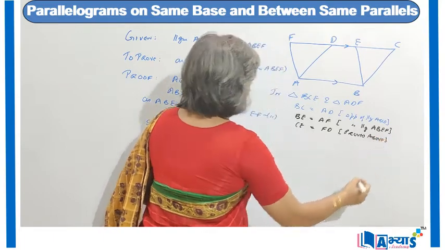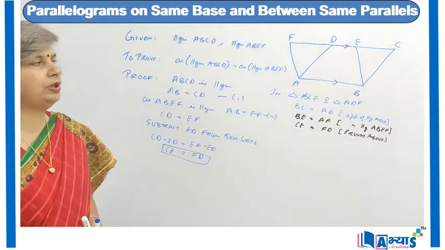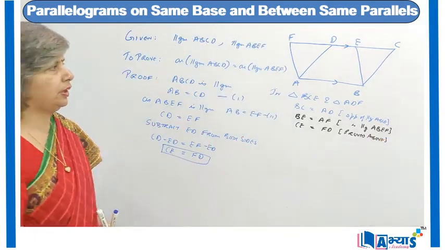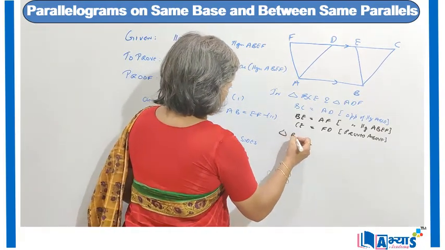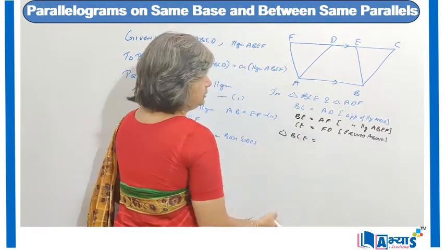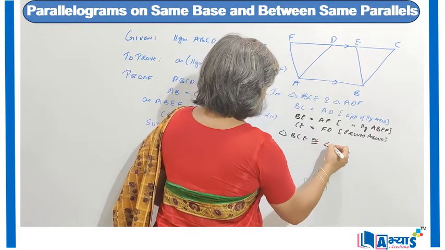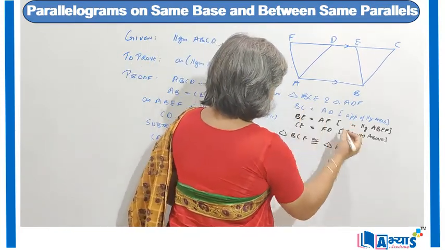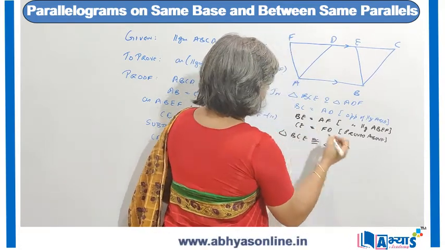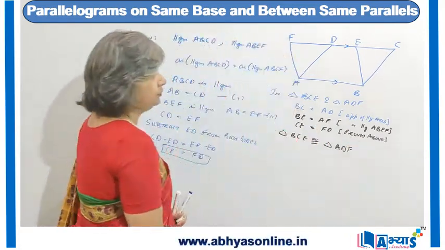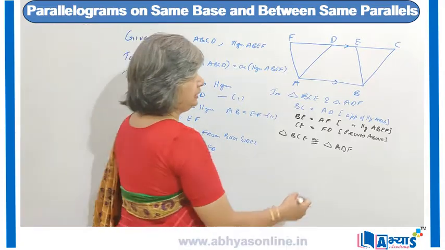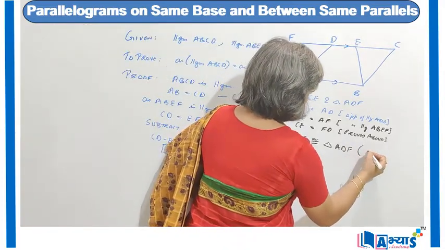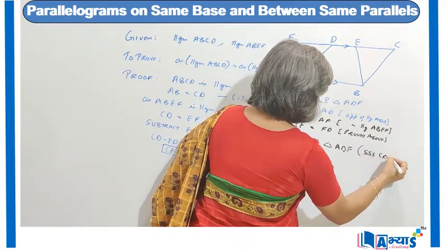Now as all three sides of one triangle are correspondingly equal to three sides of the other triangle, therefore triangle BCE is congruent to, for B we will have A, for C we will have D, and for E we will have F. So triangle BCE is congruent to ADF by SSS criteria.